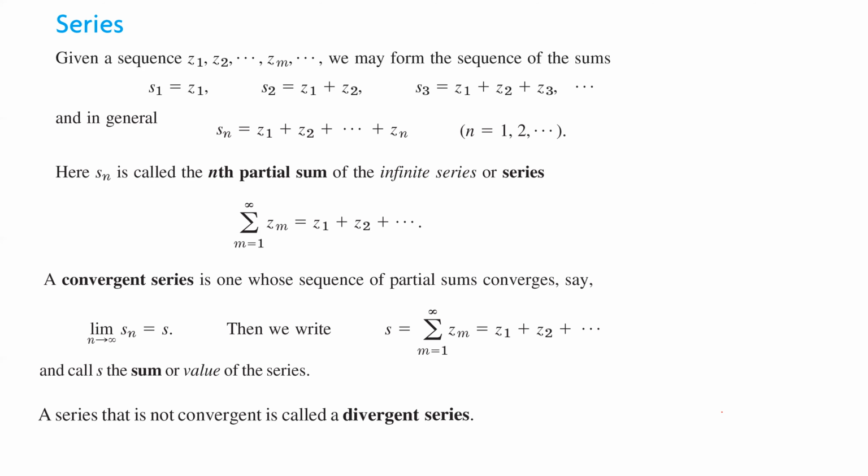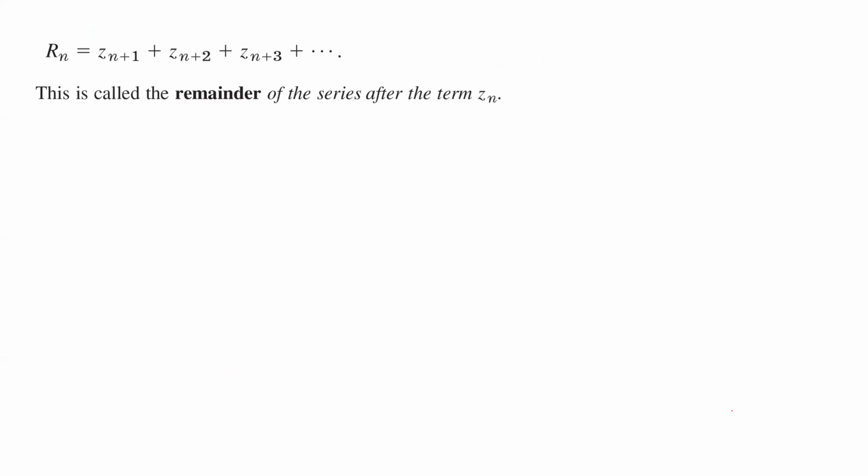So if the limit doesn't exist, and it is not convergent, we call it divergent. All right, so if the sum of all of these terms has a limit, then we call the series convergent. If it doesn't have a limit, we call it divergent. This is about the remainder.